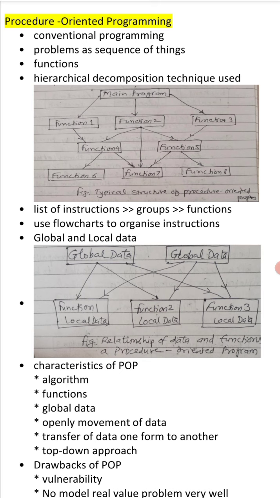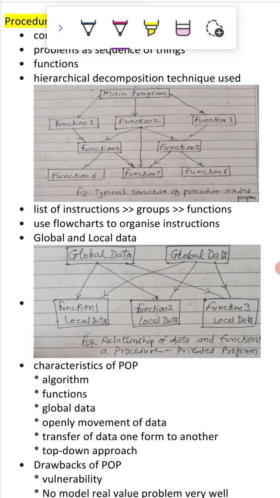A number of functions are written to accomplish these tasks. The primary focus is on functions. So the technique of hierarchical decomposition has been used to specify the tasks to be completed for solving the problem.